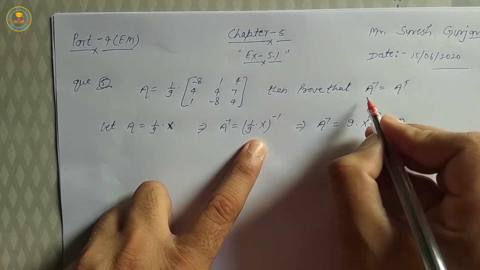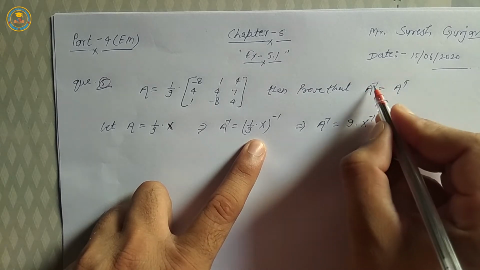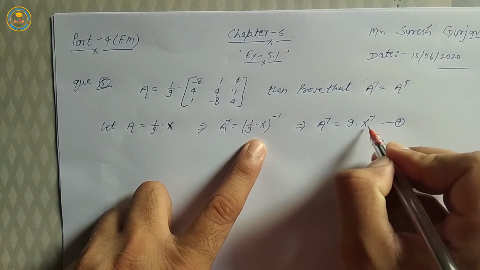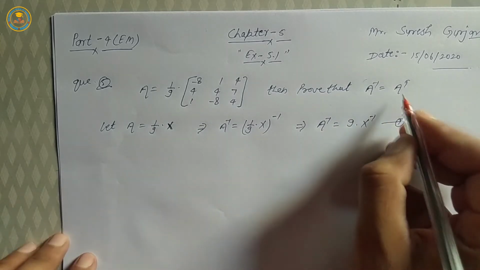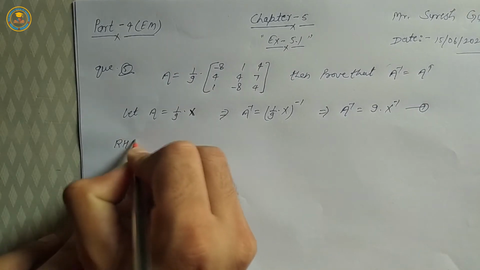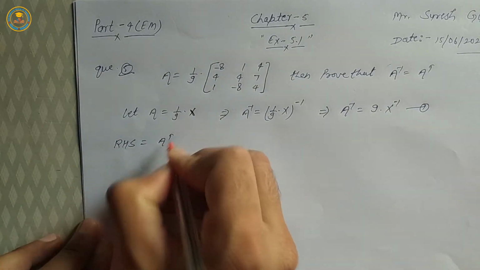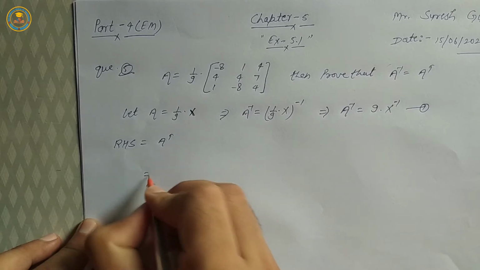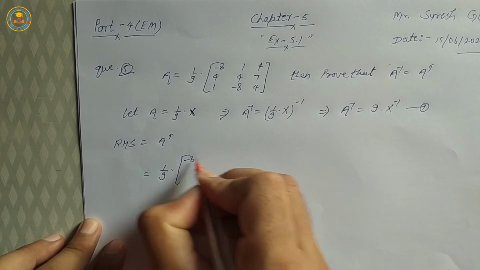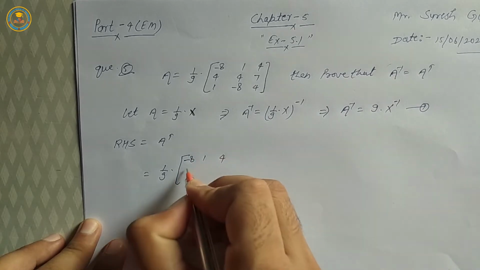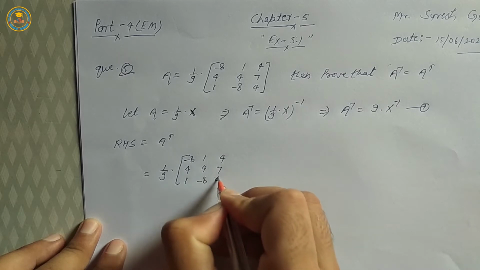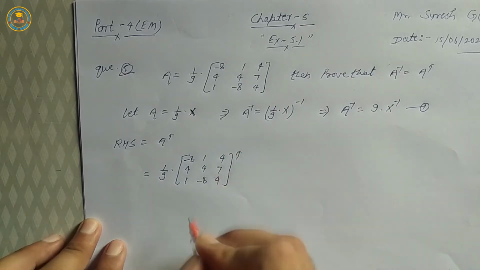Equation first, left side. So A inverse, left side, means A inverse is equal to 9 into X inverse. Right side, RHS is equal to transpose of matrix A, which is 1 upon 9 into the matrix [-8, 1, 4; 4, 4, 7; 1, -8, 4] transpose.